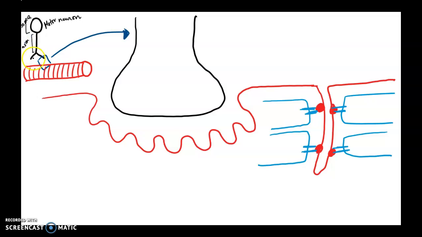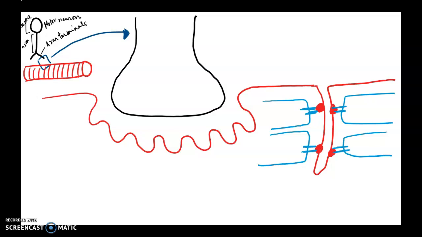And these endings are called axon terminals. They are also known as terminal boutons, and they go by many other terms. But in this lecture, I'll refer to them as axon terminals or terminal boutons.